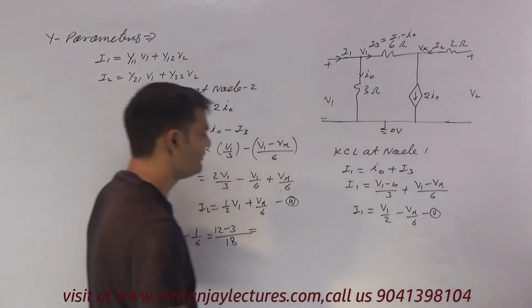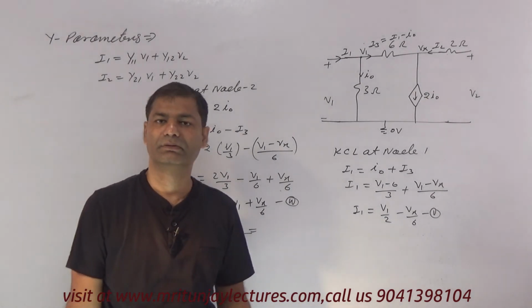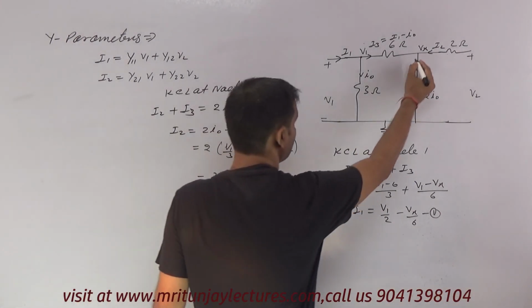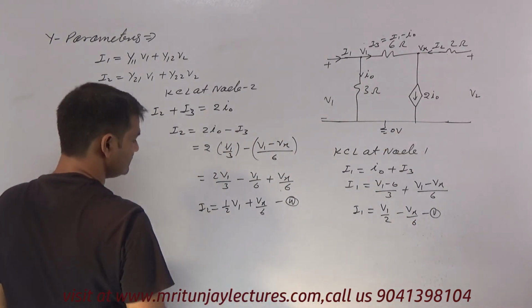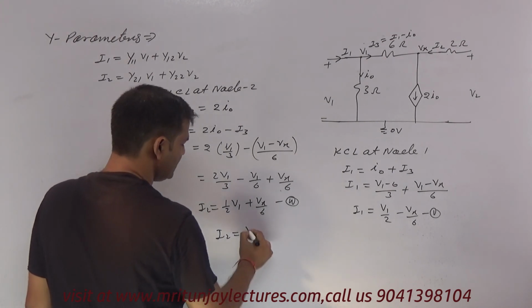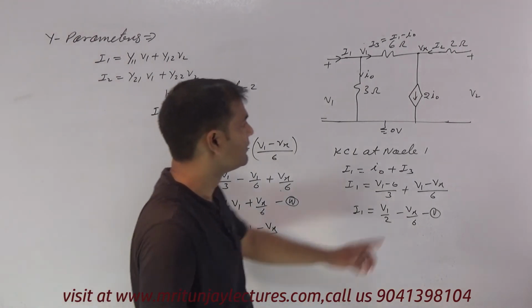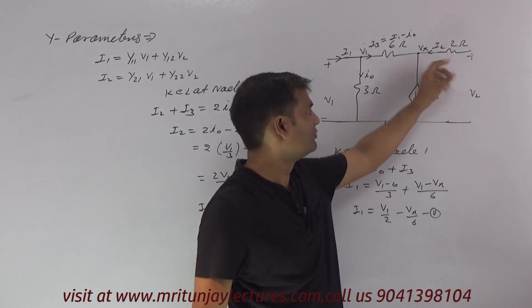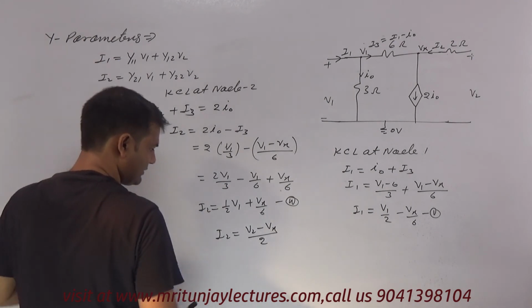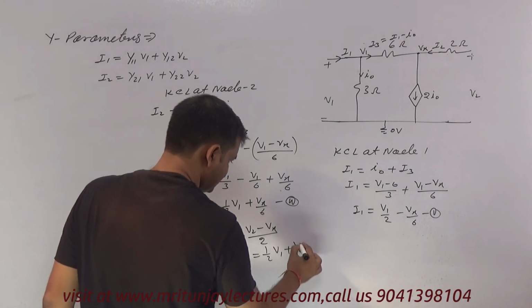Our next target is, if Vx is replaced, then we got I1, I2 in the terms of V1, V2. Okay. So KCL, I2 this will be equal to V2 minus Vx divided by 2 ohm. Now if this value is put here, then we got V2 minus Vx divided by 2 equal to 1 by 2 V1 plus Vx by 6.